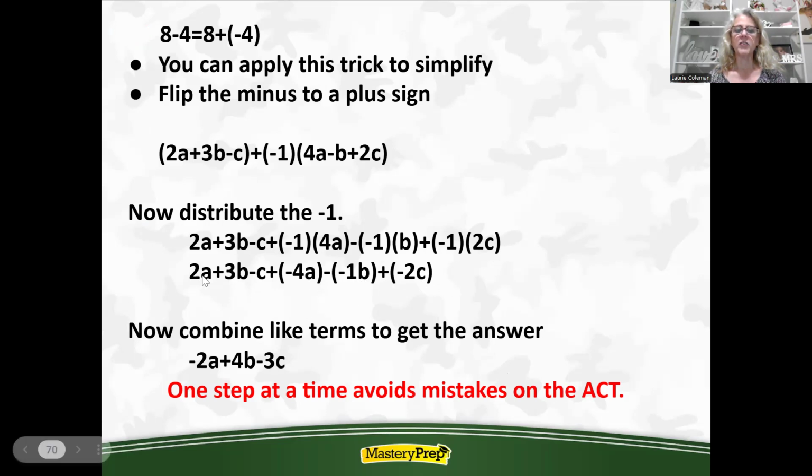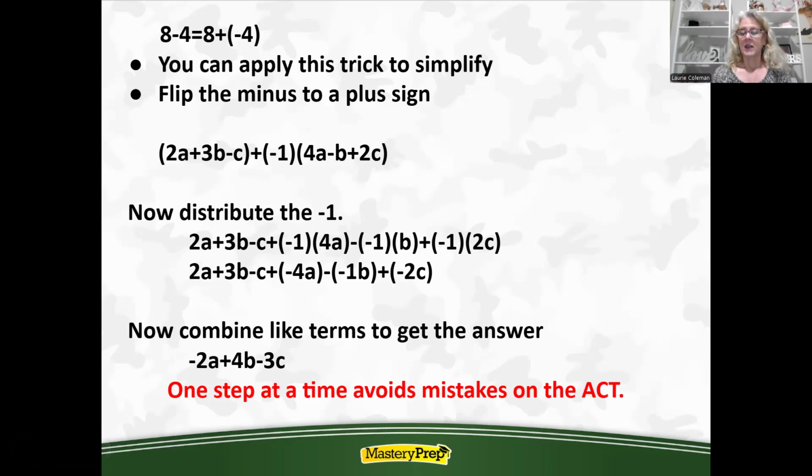So if we combine all the like terms, the a's together, we have 2a plus negative 4a equals negative 2a. We have 3b minus 1b, so that equals 2b. And then we have negative c and plus 2c, so that equals plus c. So our answer is negative 2a plus 2b plus c.